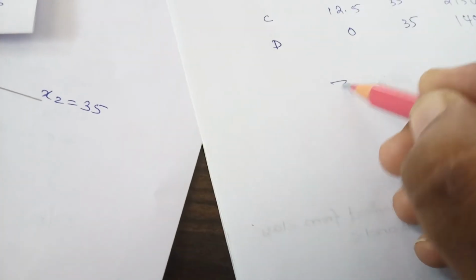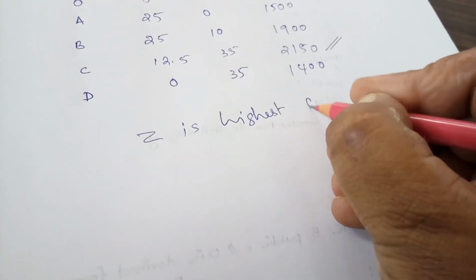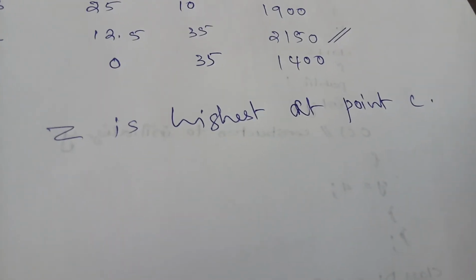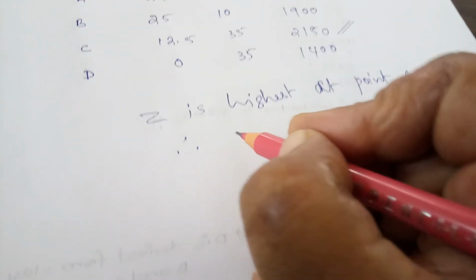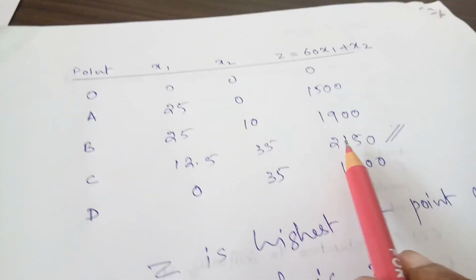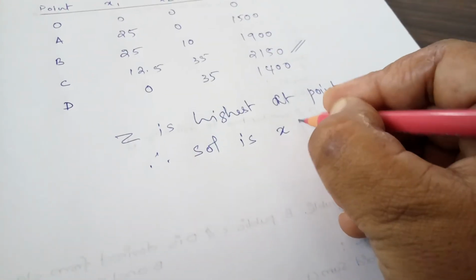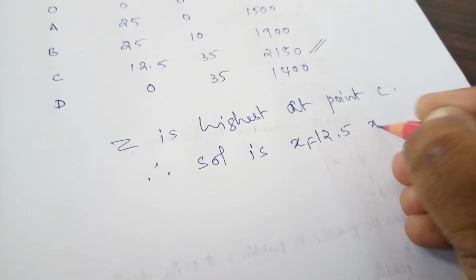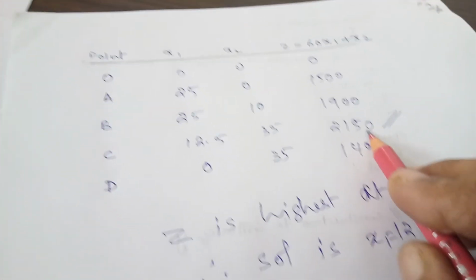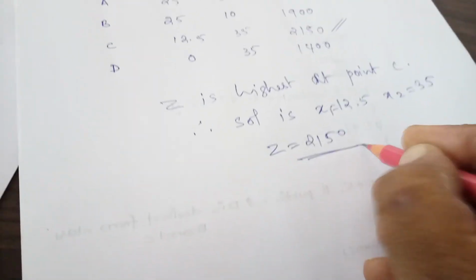So write that Z is highest at point C. Therefore, the solution is x1 is equal to 12.5 and x2 is equal to 35, and you got Z as 2150. So Z is equal to 2150. This is the solution.